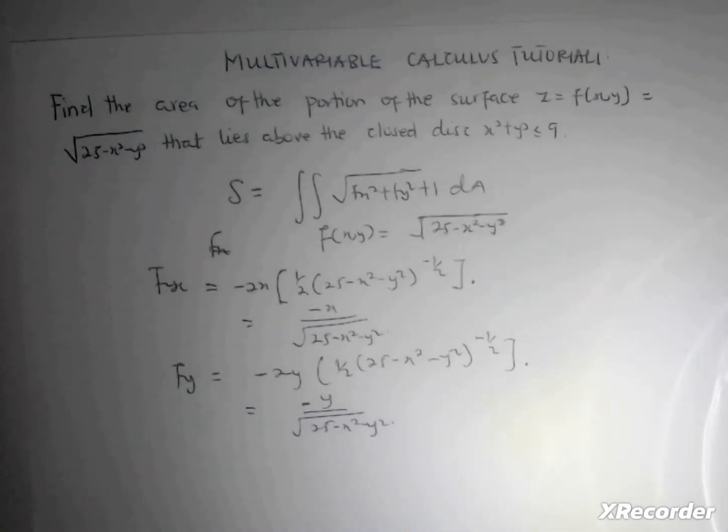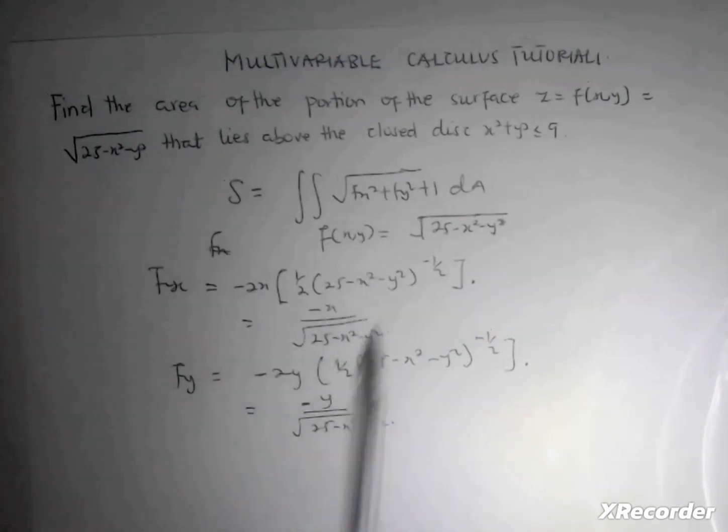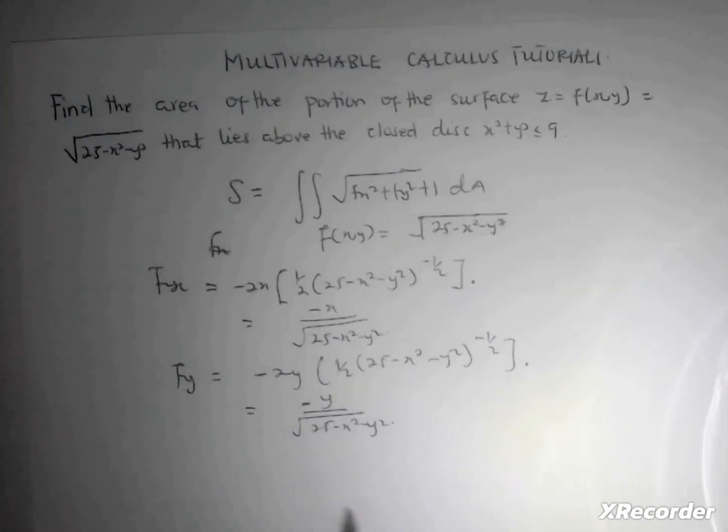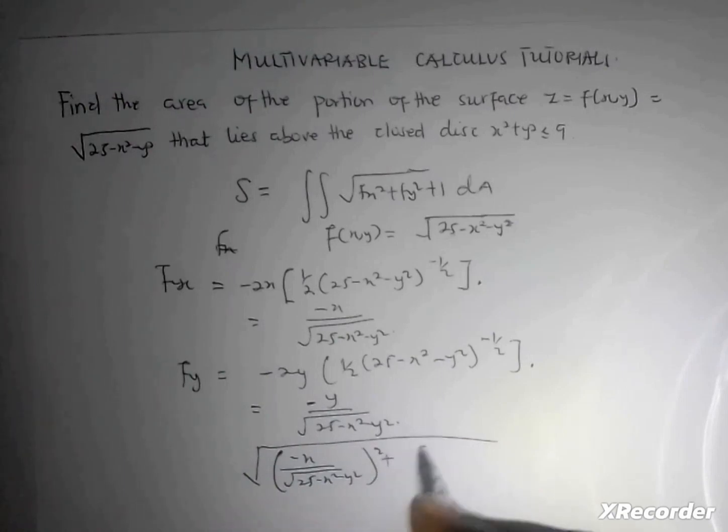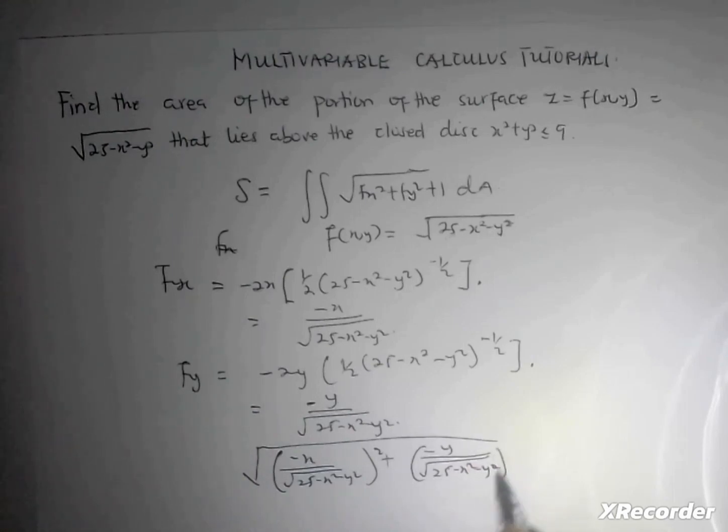The next thing to do is to find this expression, the square root of fx squared plus fy squared plus 1. So I'll get a square root, a big one, of negative x over the square root of 25 minus x squared minus y squared, all squared, plus negative y over the square root of 25 minus x squared minus y squared, all squared, plus 1.